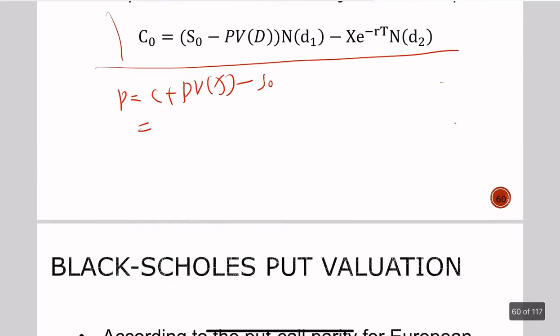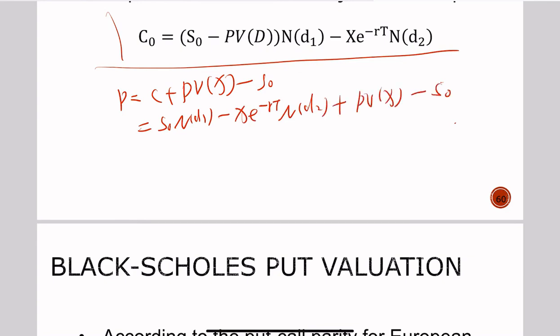And we have learned the formula for the call here, right? We know that call equals S0 times N(d1) minus X e^(-rT) times N(d2). So put equals that plus PVX minus S0.